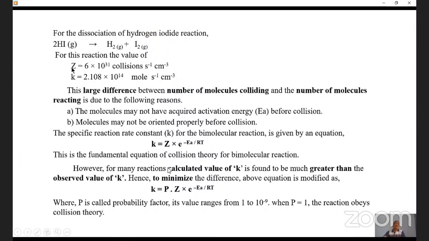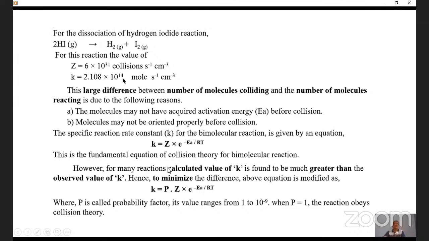If you carefully think over this, you will see there is a large difference between these two. The number of molecules actually colliding is 10 to the power 31. This is a very large number, but the number of molecules actually reacting is just 10 to the power 14.